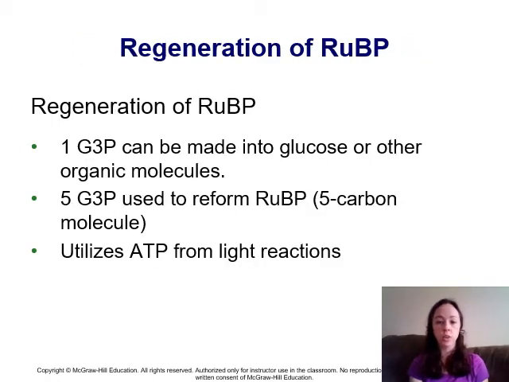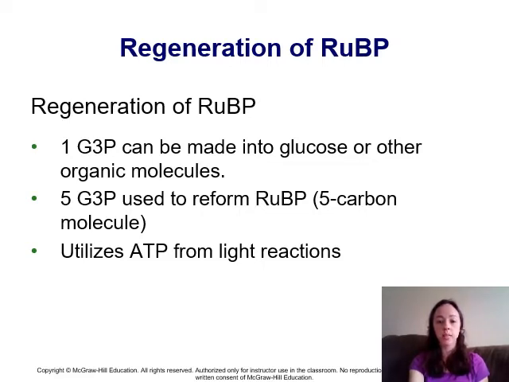So now that the original RuBP was used in the cycle, in that first go-around of the cycle, the plant will need more RuBP to start the cycle all over again. For each turn of the Calvin cycle, 2 G3P are created. In order to make RuBP, though, you will need 5 G3P. This will take 3 turns of the Calvin cycle.